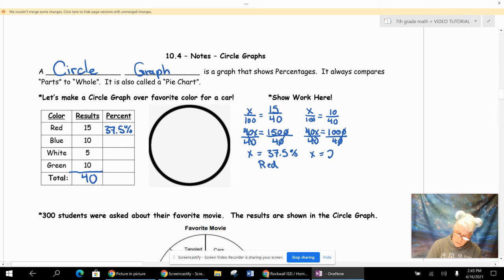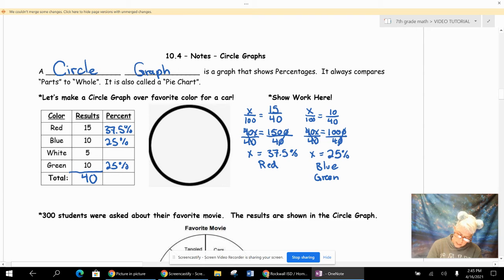It's always easy for me to remember that because there's 4 quarters in a dollar. So that's going to be 25% for blue. And if you look, green also has 10, so we can go ahead and put that in for green also. So this is for both of these colors.